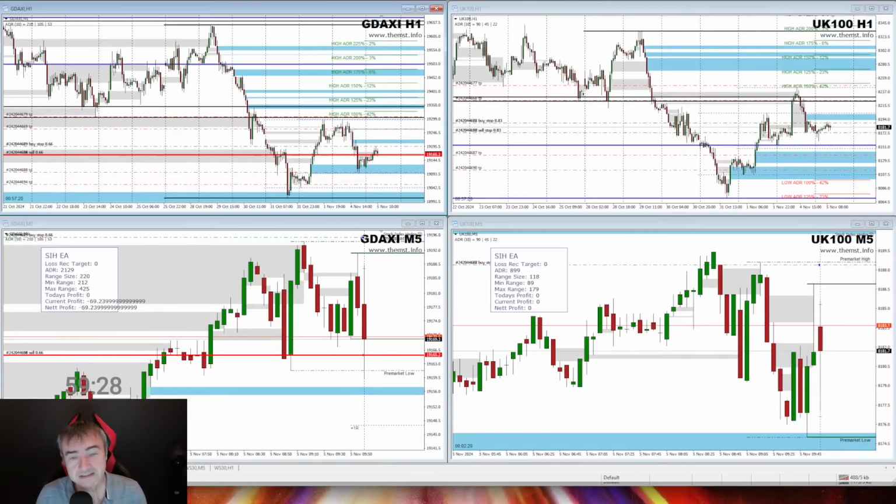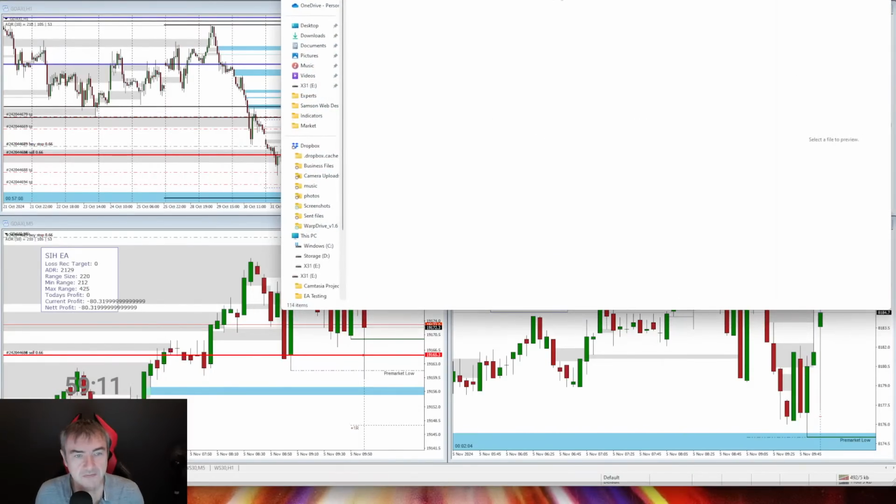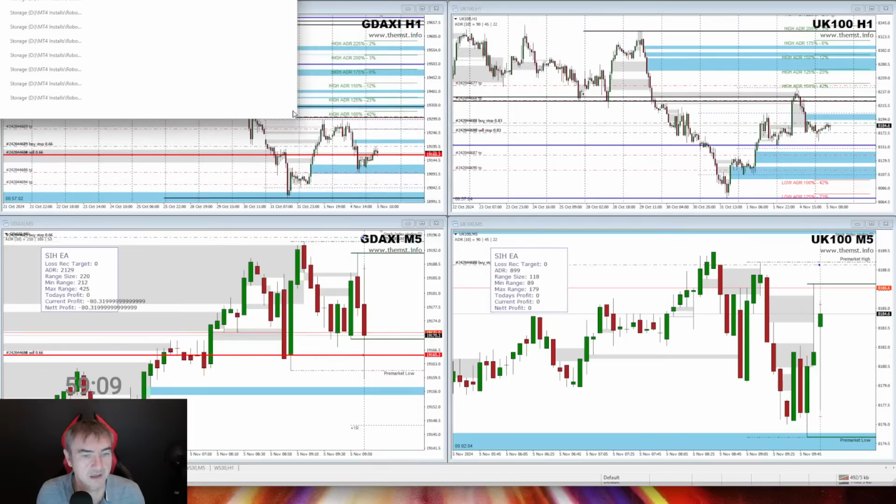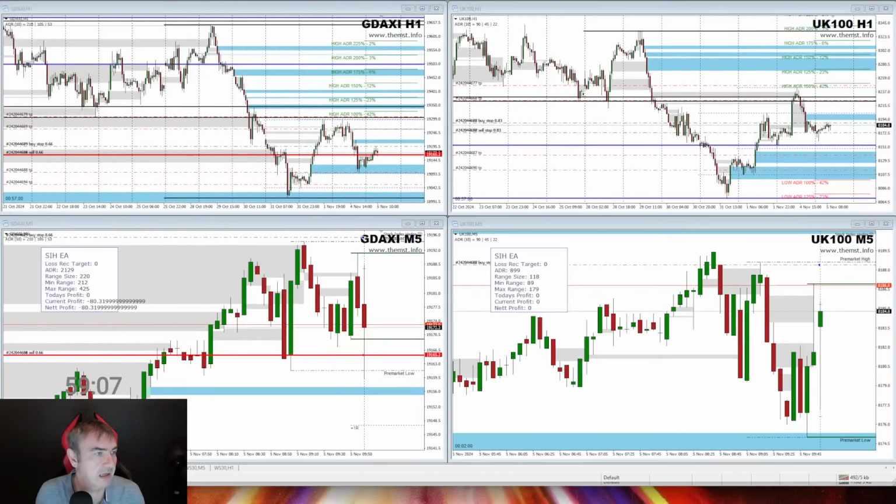So today's plan is to have a look at Phil's lazy trader strategy, and the plan was to look at the back testing. The problem is there seems to be an issue with MT4, and I've also tested this in MT5, and it seems to be the same issue.